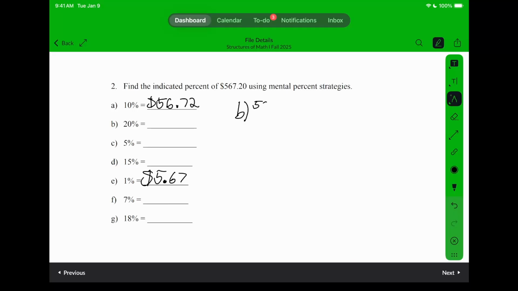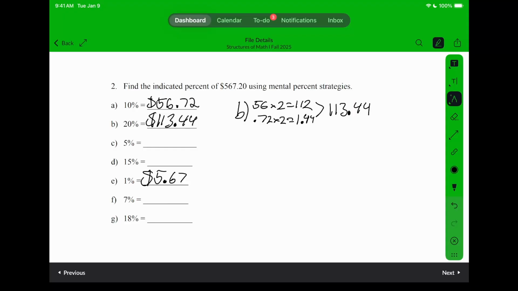We can do 56 times 2, which is equal to 112, and then 0.72 times 2, which is equal to 1.44. And then add these up to get 113.44.